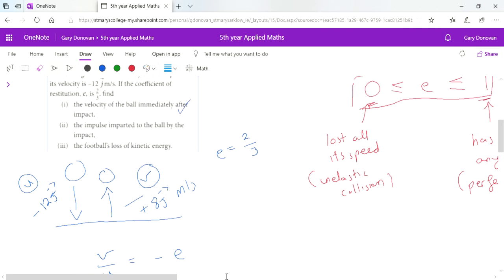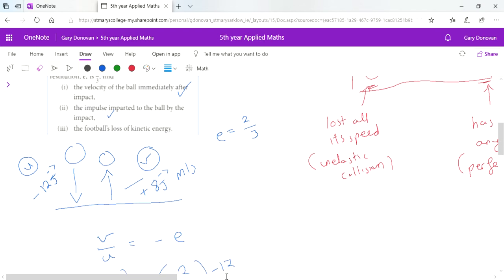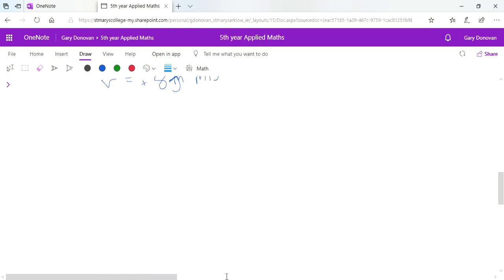So that's part 1. Part 2, find the impulse imparted on the ball by the impact. So impulse is something you haven't seen before. So the equation for impulse is mv minus mu. And we'll talk about what it kind of means in another lesson, but basically it's the change in momentum.